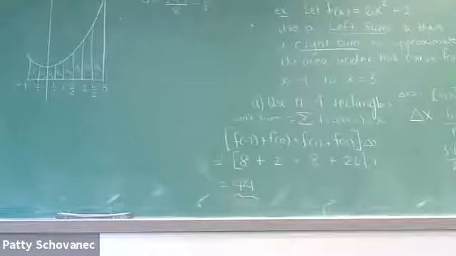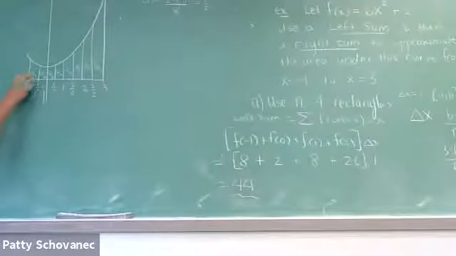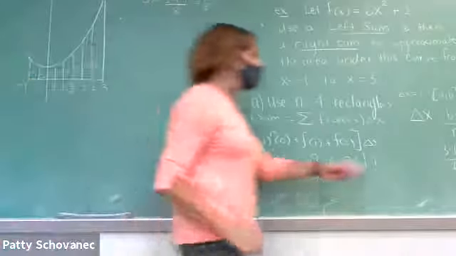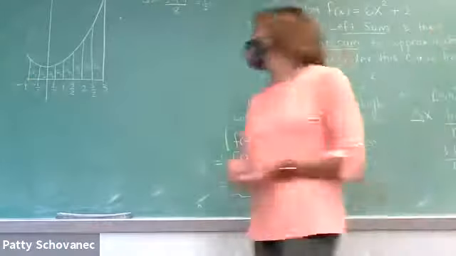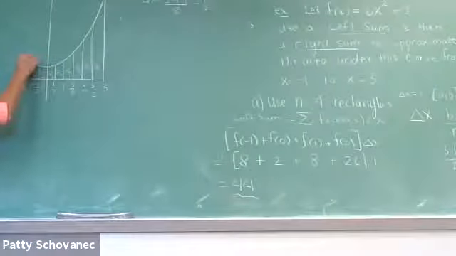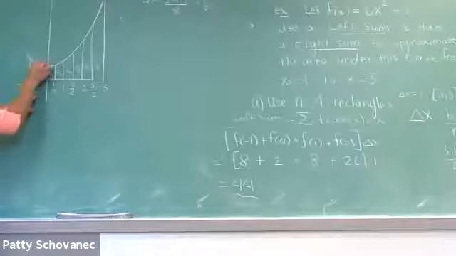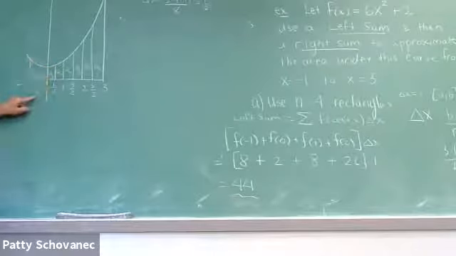Okay, so when I use left endpoints, my first rectangle, I'm making pink this time. That yellow's hard to see. My first rectangle is going to have this height. So I use f of -1. My second rectangle, I use f of -1/2 to give me the height.